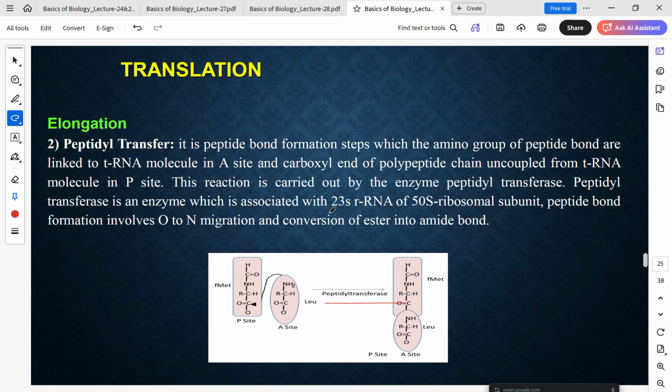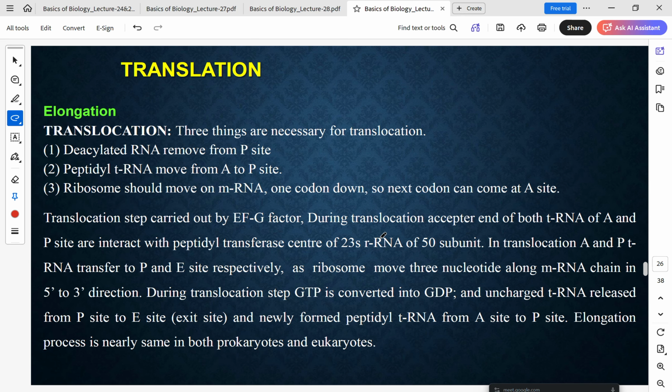This enzyme is associated with the 23S rRNA of the 50S ribosomal subunit and creates an amide bond which mediates the elongation of the peptide, of the oligopeptide or a polypeptide.